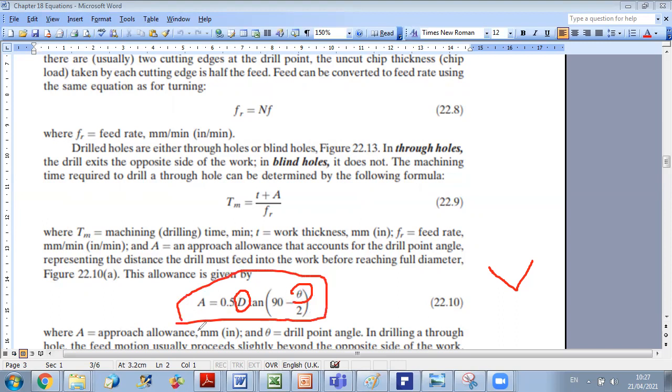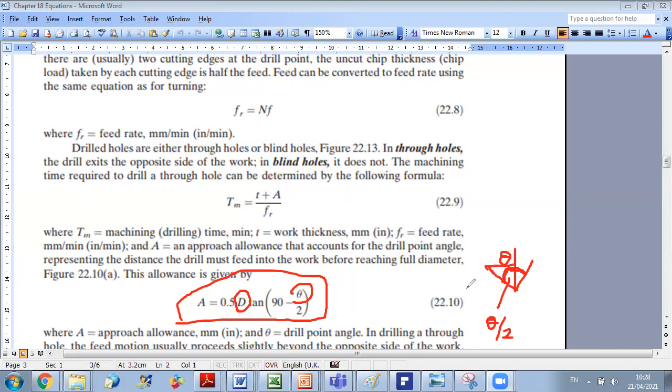Okay, where A is, as we said, the approach allowance. Theta is the drill point angle. So here we can define an angle theta. Okay, and theta is the whole angle, and theta over 2 will be this part. This is theta over 2. So if we look at the formula, it's very easy to develop.